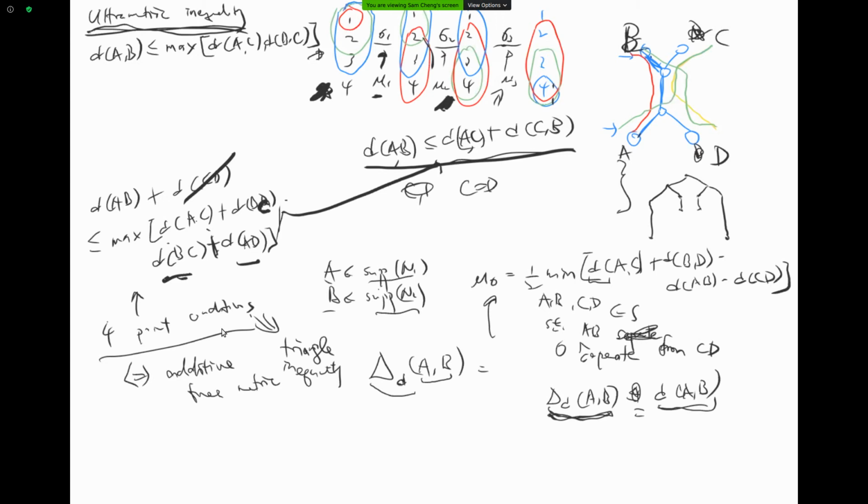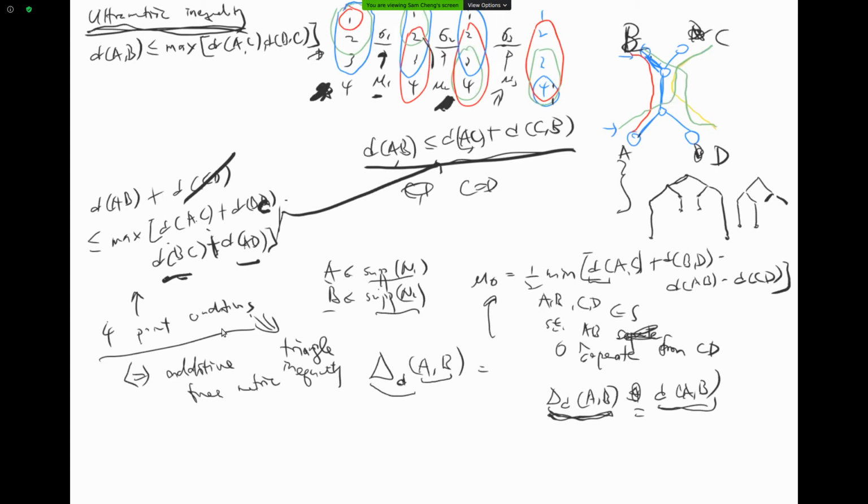For example, if the ultrametric inequality is satisfied, you will want a graph not like this, but more like this, where the leaves go down to equal depth.